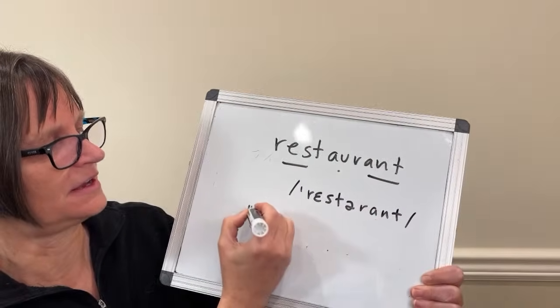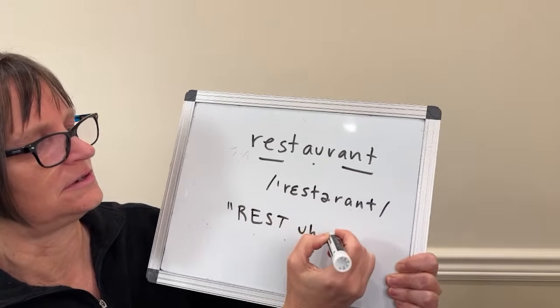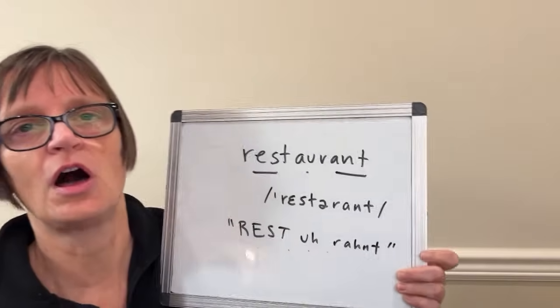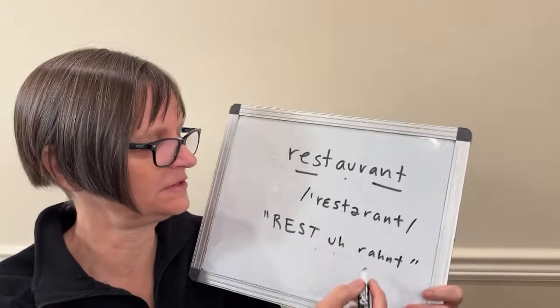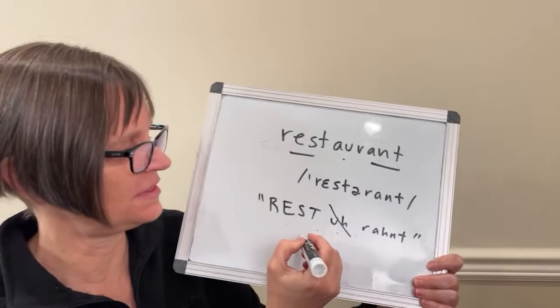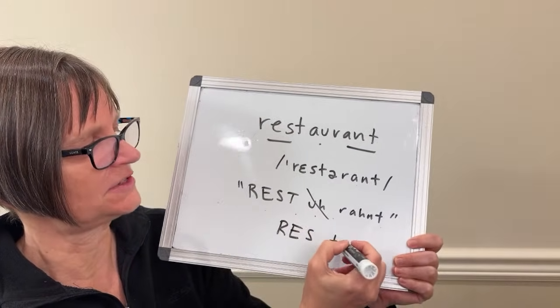And that sounds like restaurant. But people often will lose this middle syllable and they'll just say it like restaurant. So thinking about that T as connecting to the unstressed syllable.